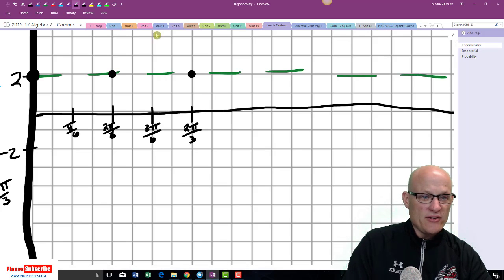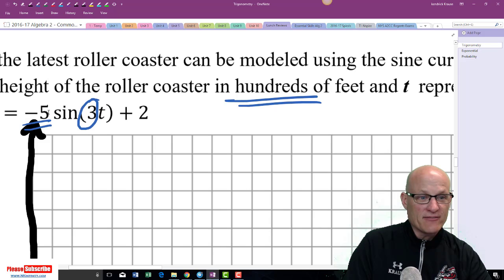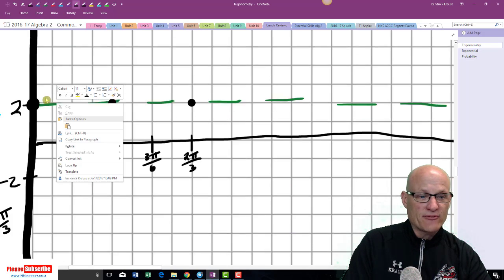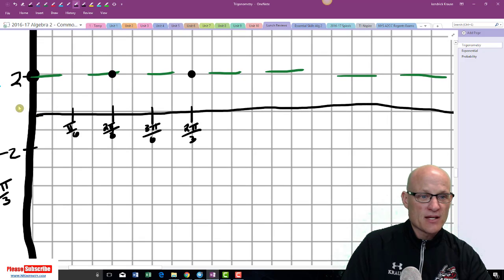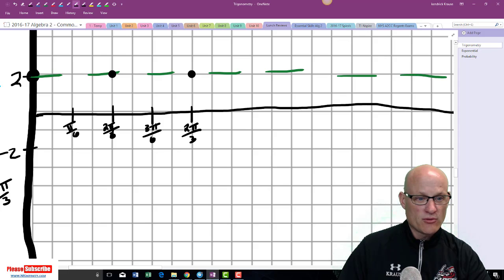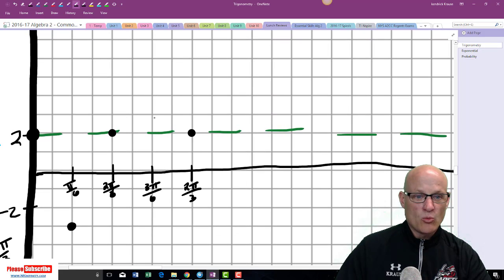Now, because of this -5 right here, I know that I have to go down first. So in between these, I'm going to go down 5. 1, 2, 3, 4, 5. In between these two, I'm going to go up 5. 1, 2, 3, 4, 5. And then there is my first sine curve.